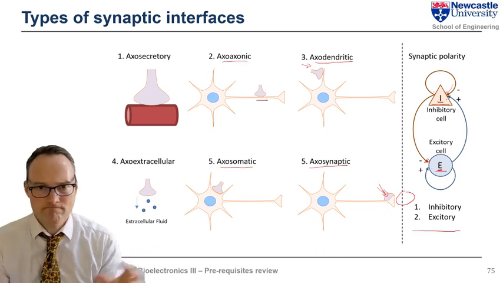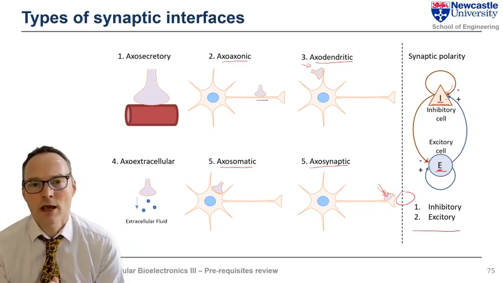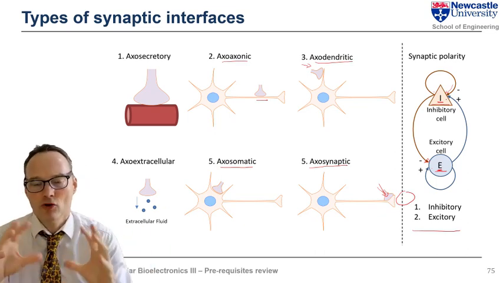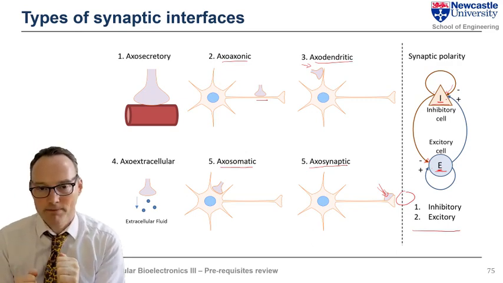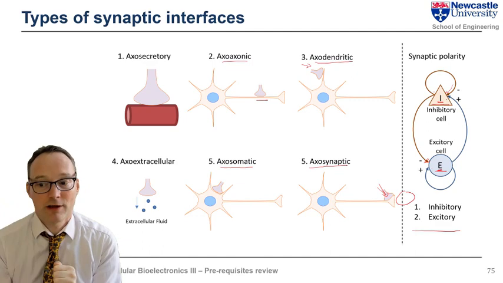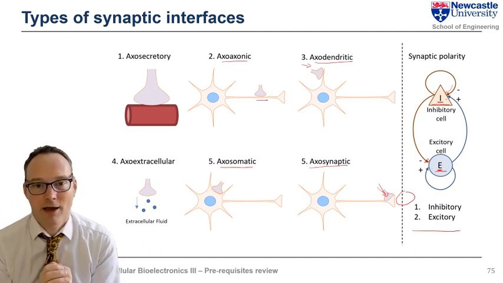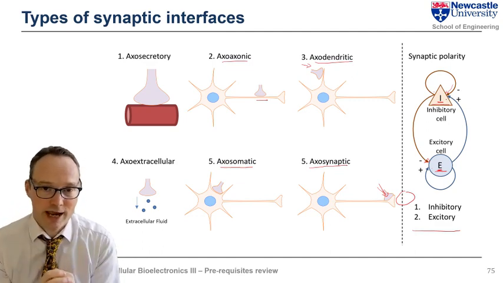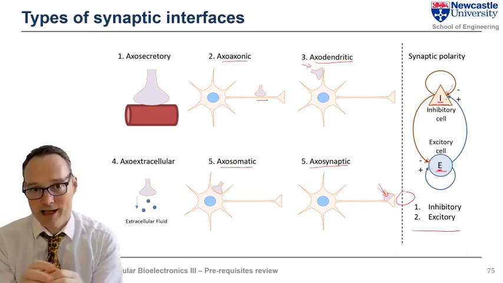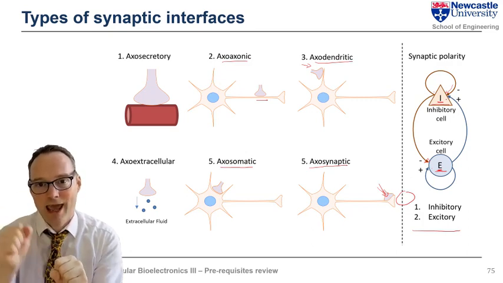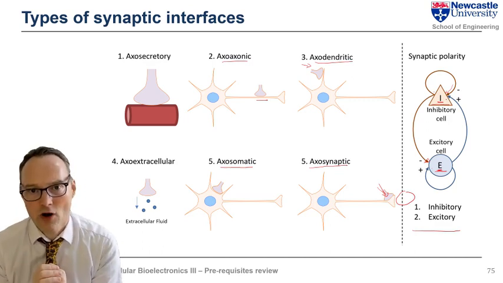There are lots and lots of different cell types. But in essence, neuron circuits consist of synapses that try to pass positive information, excitatory synapses, and then you've got connections between cells, synapses, which try to inhibit the activity of the target cell.